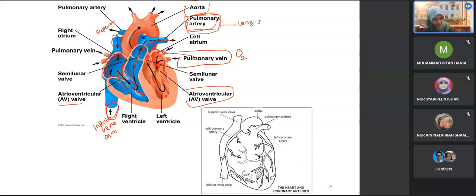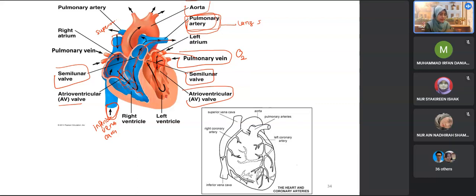We have two semilunar valves, left and right. The semilunar valve is between the ventricle and the major blood vessels. The right ventricle goes into the pulmonary artery, and the left ventricle goes into the aorta.